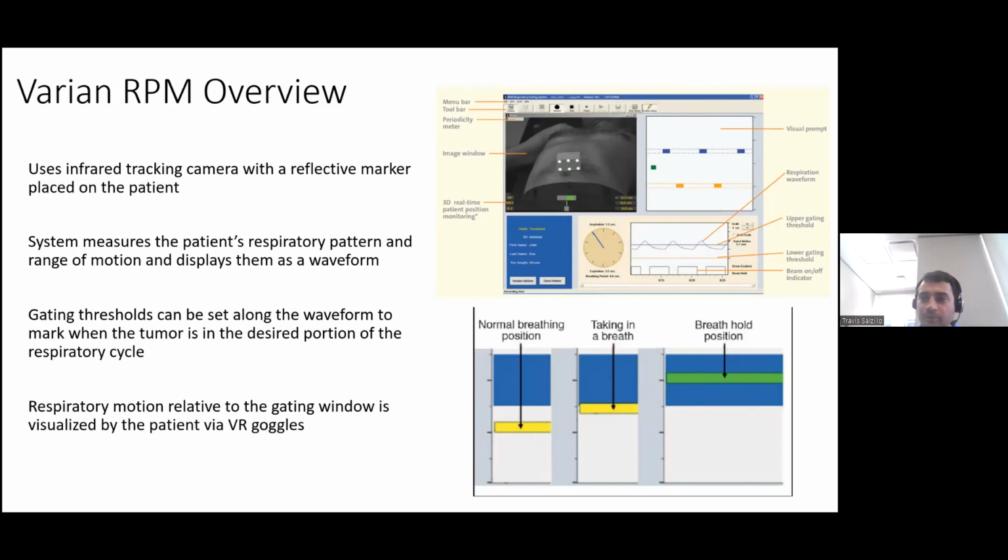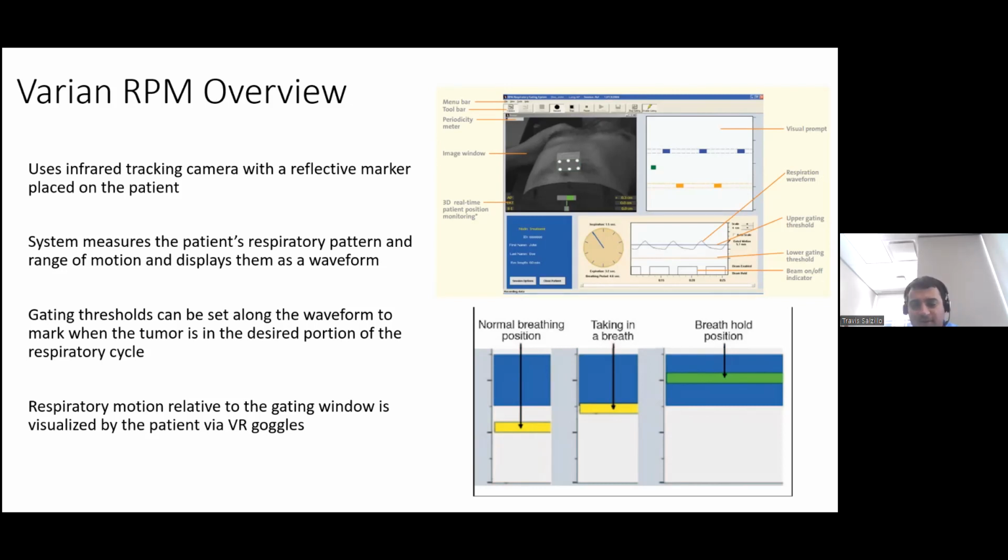There is real-time gating that some clinics do. So instead of asking the patients to take a breath and hold and having this then gate that section, some clinics will actually define a region that's acceptable to gate in, and they'll have the patients free breathe. They'll just have them breathe normally, usually pretty slowly.